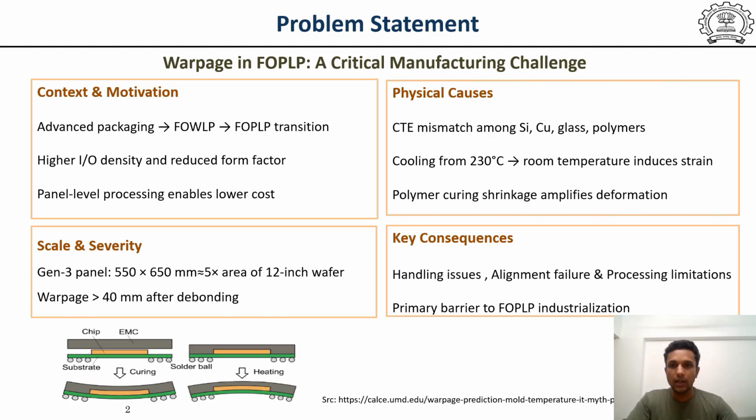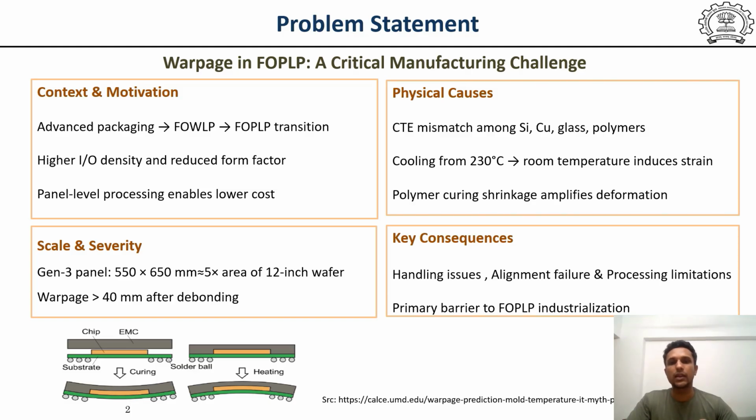Not just the stress caused by difference in CTE, there is another kind of stress which is involved because of the chemical shrinkage during polymer curing. This happens when a polymer is cured and it shrinks, and this will also lead to warpage. And this also amplifies the deformation which is caused in the panel level packaging.